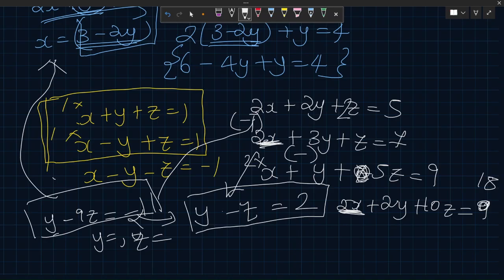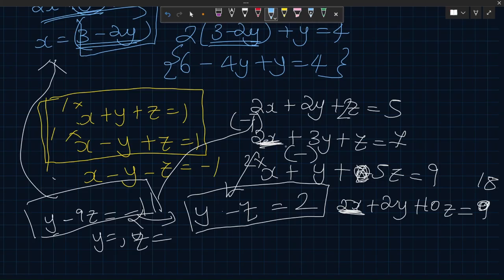Here, this was a simple equation. You could have solved it in a better manner, but the idea is this. If you have two equations, two variables, eliminate a variable, substitute a variable, and by manipulation get a single linear equation. If you have three equations in three variables, you could do some manipulations so that you get two equations in two variables, solve them, and then resubstitute these values to get x, right?